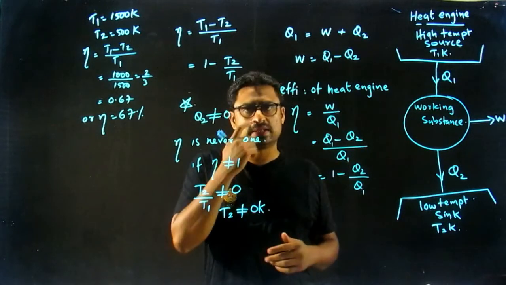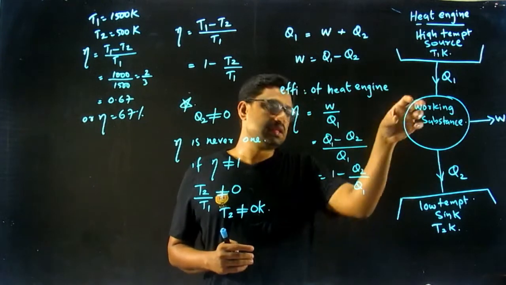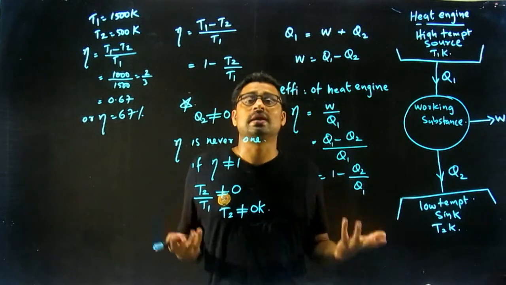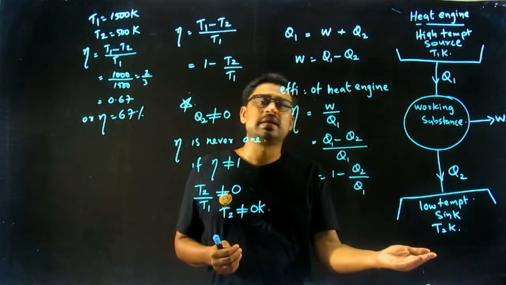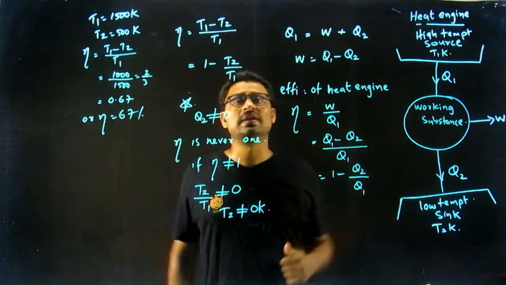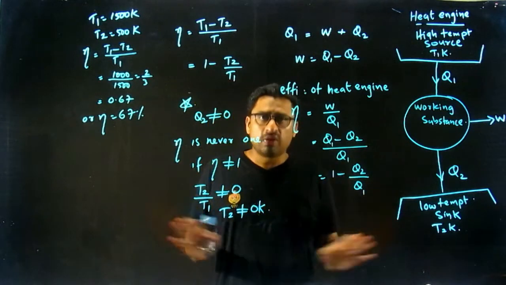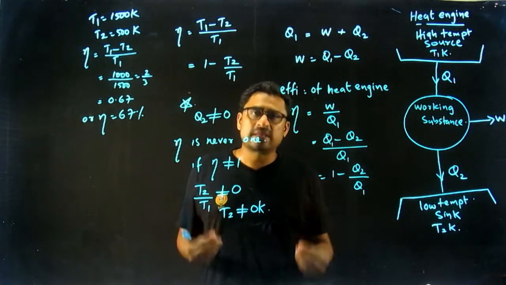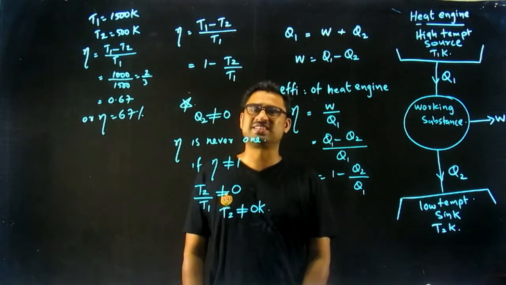All those may be the challenges about the working substance. And if the heat is dissipated to the sink, the sink may get heated up. So the source may get cooled down, the sink may get heated up, there may be loss of energy through the working substance. So if any of this happens, we cannot expect to get the maximum or the 100% of the expected efficiency. So that's a challenge.